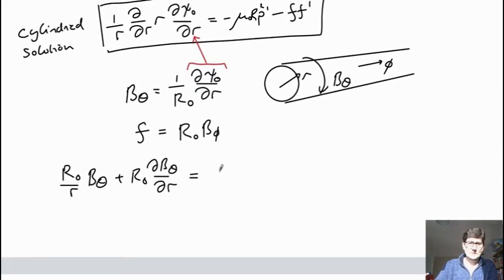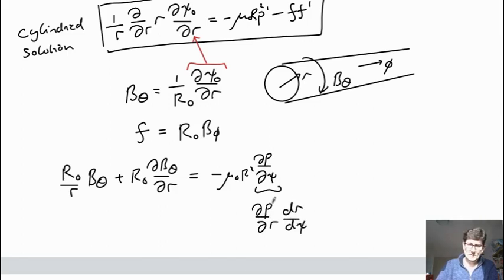Okay, so this ends up, we have a minus mu naught r squared, so this is p prime is dp by dr, so p prime is dp by d psi, and this we just write as dp by dr, and then dr by d psi, because p is only a function of psi, and p here is only therefore a function of r.